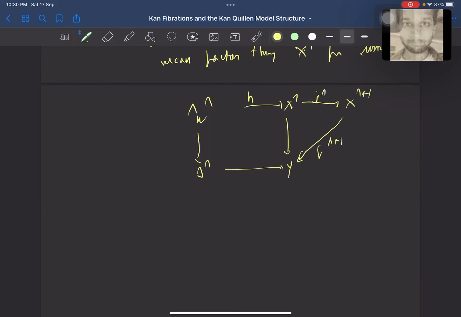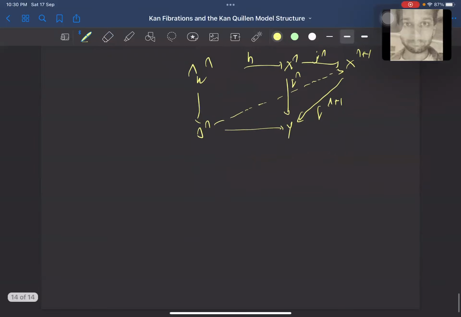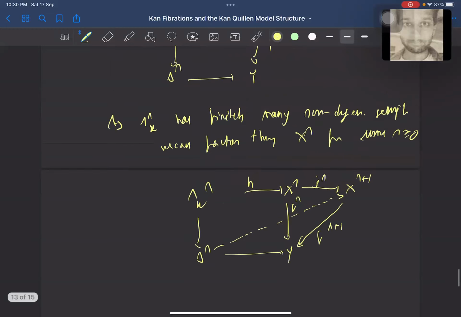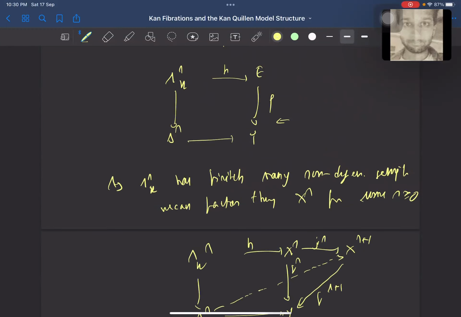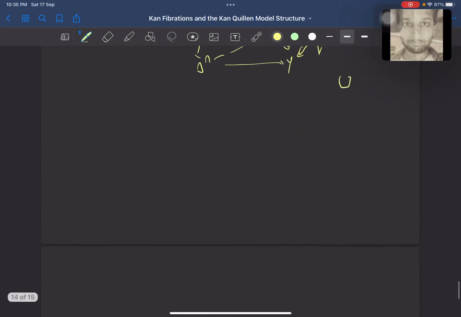So we'll have the following lifting. Sorry, we'll have the following lifting. That implies that this diagram has a diagonal filler, which is it.